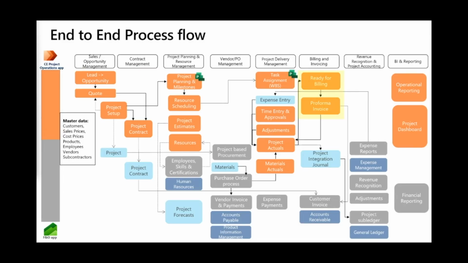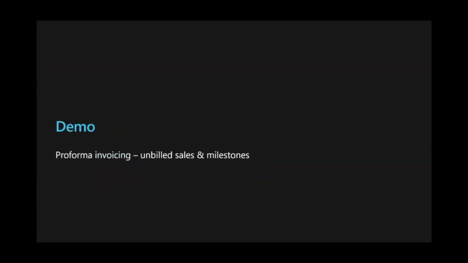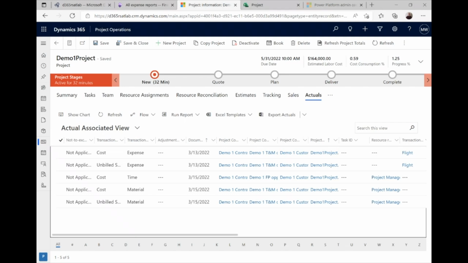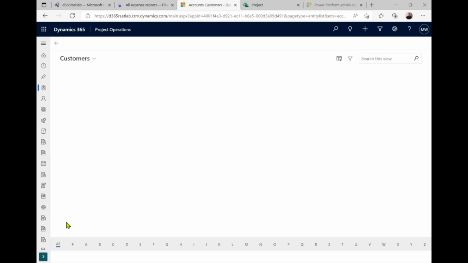All right. Now we are going to move on to pro forma invoicing of these unbilled sales and milestones. Okay. So now at this point, we have to go back to our budget contract.